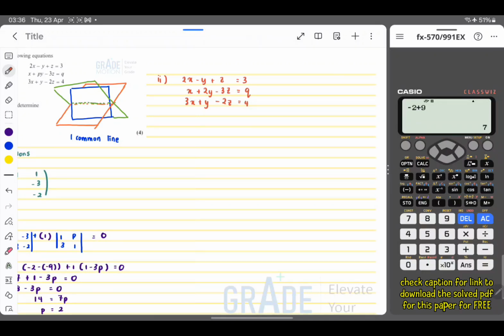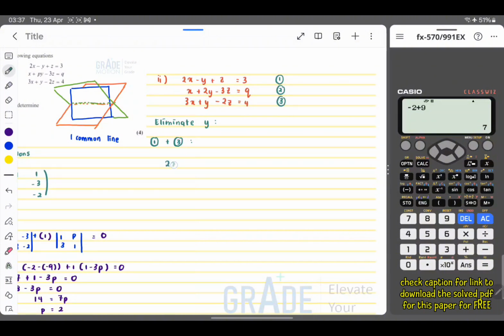Now that we have 3 equations, we can use simultaneous equations to solve for Q. What we're going to do next is figure out how to eliminate y. So let's start by adding 1 and 3, equation 1 and equation 3.